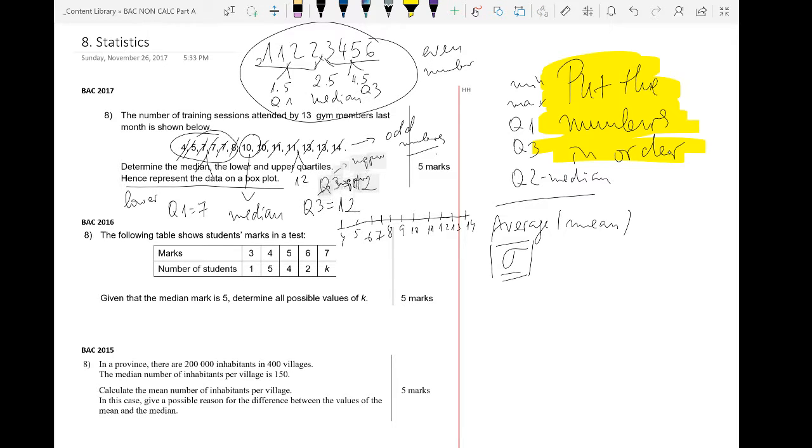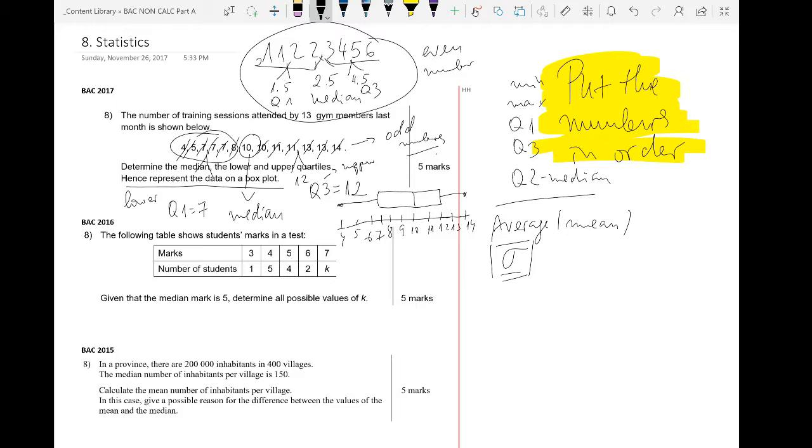And then I have median, which is 10. I have Q1, which is 7. 7 is here. I have Q3, which is 12. And then these are Q1, Q2, Q3. And then the maximum value is 14, the minimum value is 4. When I connect these, this is the box and whisker plot.